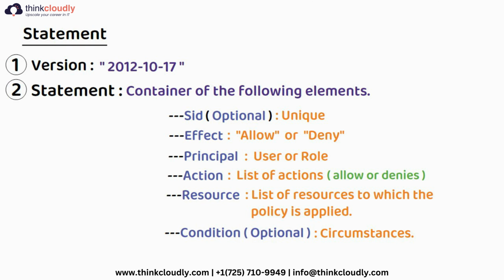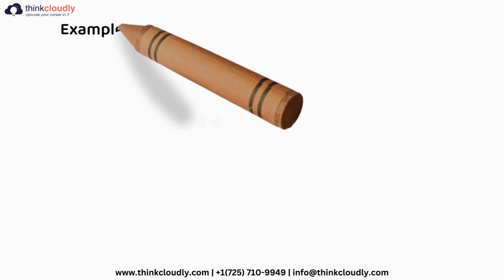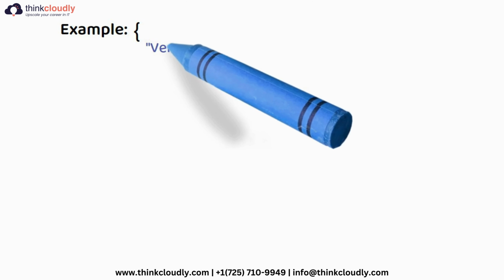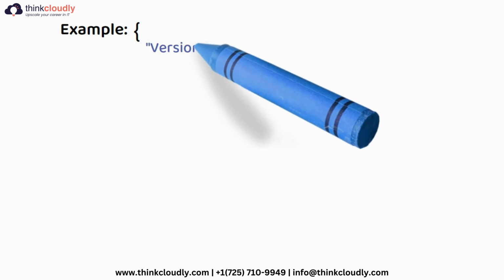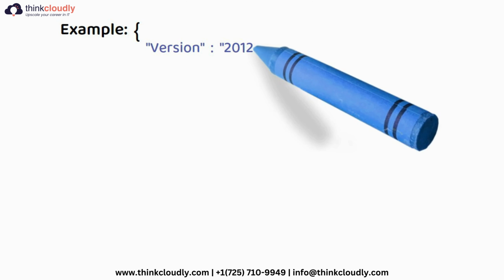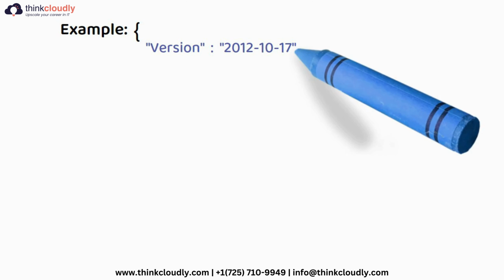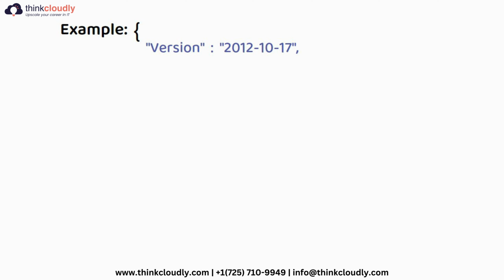Okay, so let us understand this with an example. A policy will always start with a curly bracket. Then you have something called version. It would be 2012-10-17, comma.